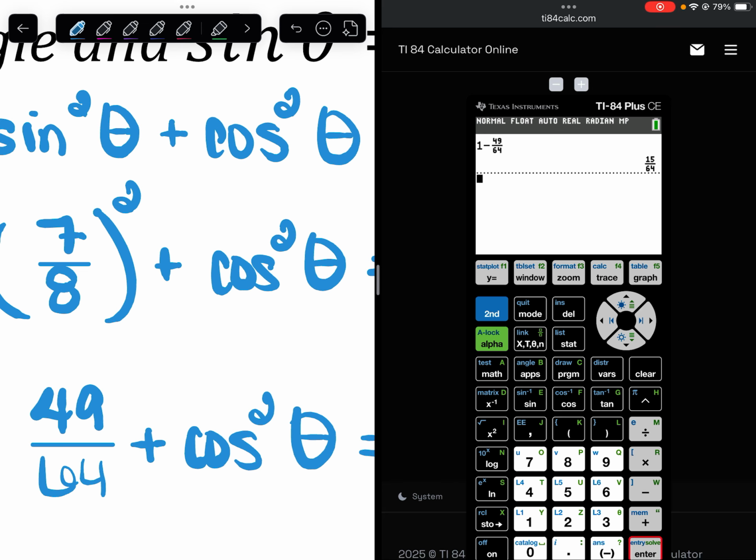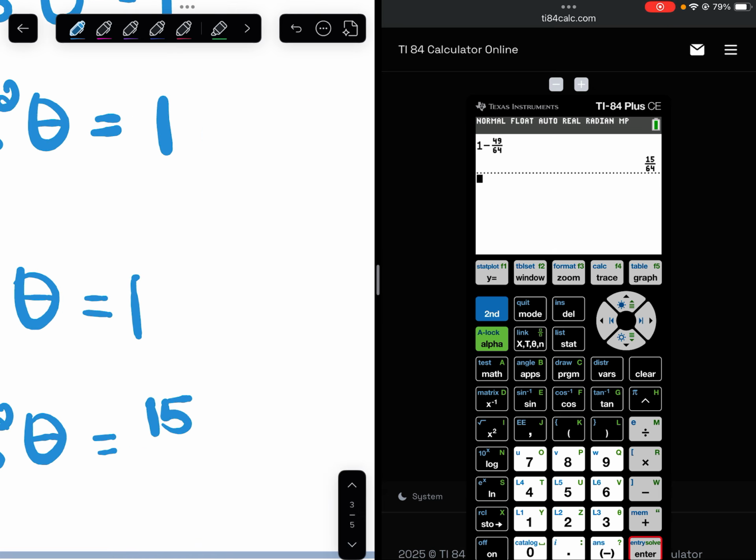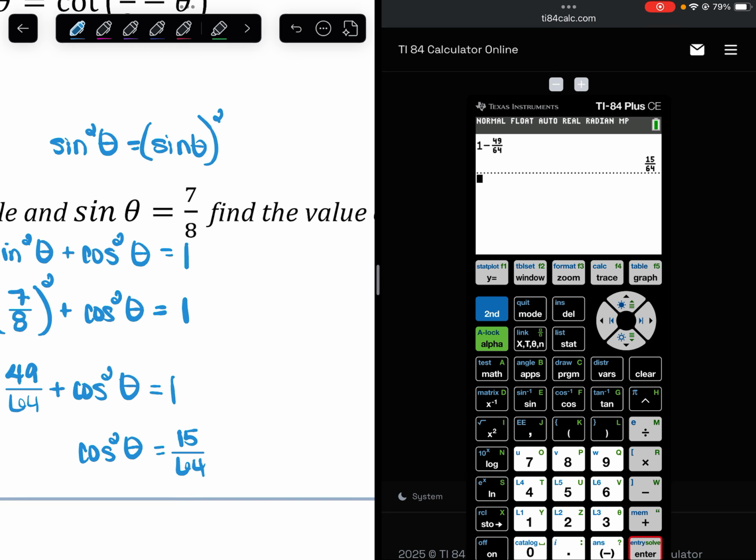That's 15 over 64. So cosine squared of theta is 15 over 64, so we would square root both sides.